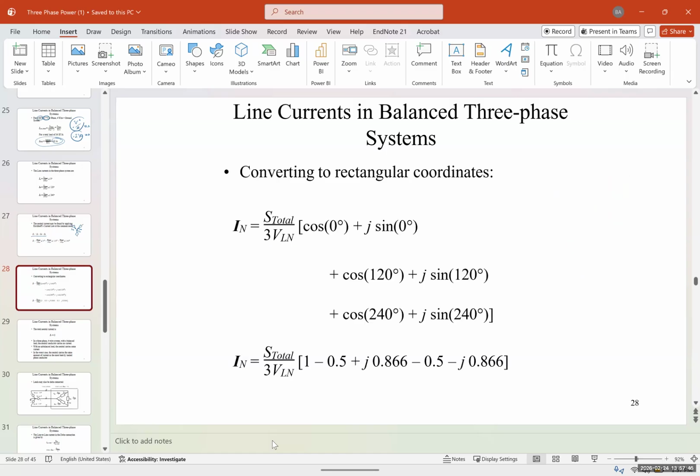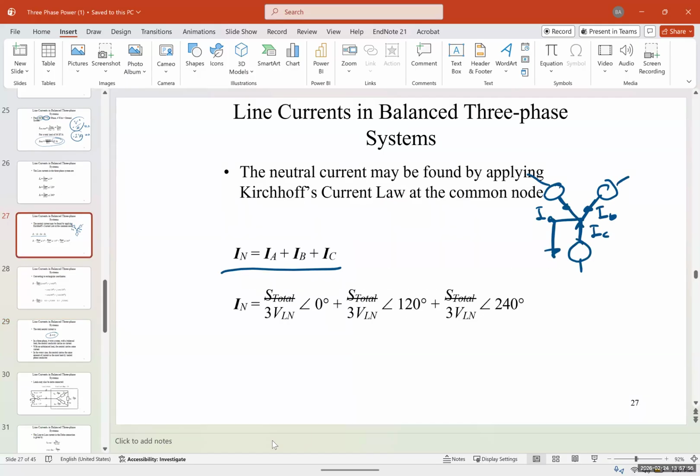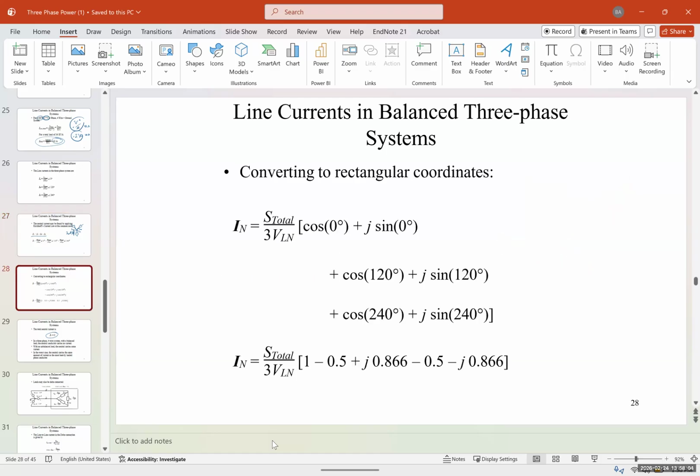And if I convert that, I get a total current of 0. So the current going through the ground, if I have a balanced system, is going to be equal to 0. And therefore, as I mentioned, I could completely get rid of this line.